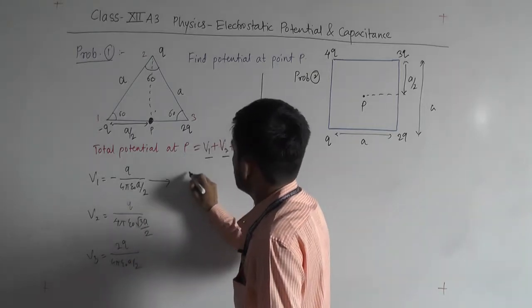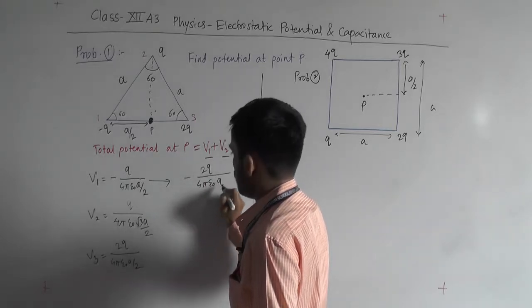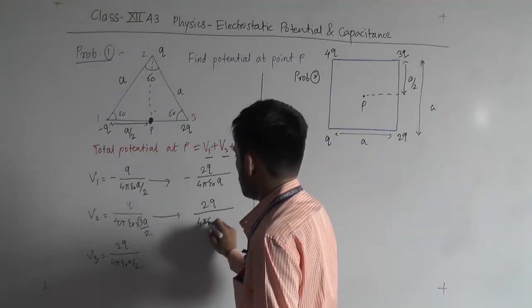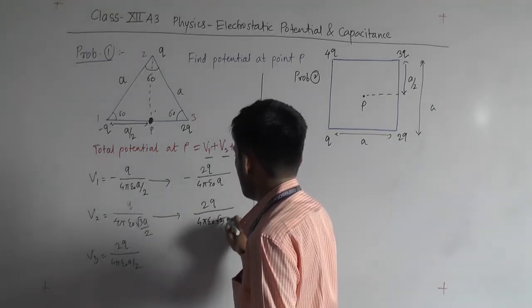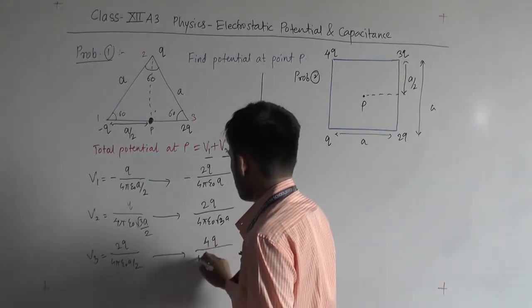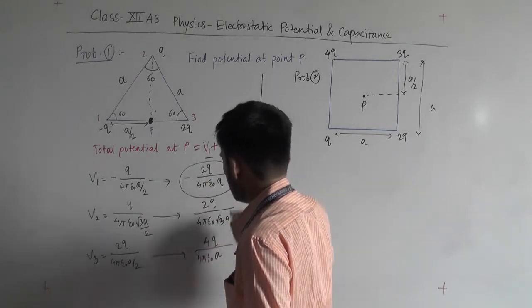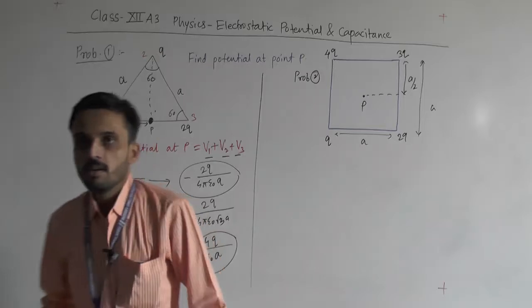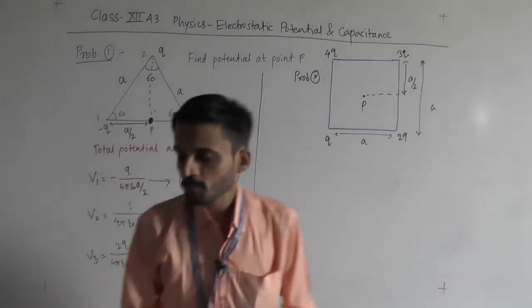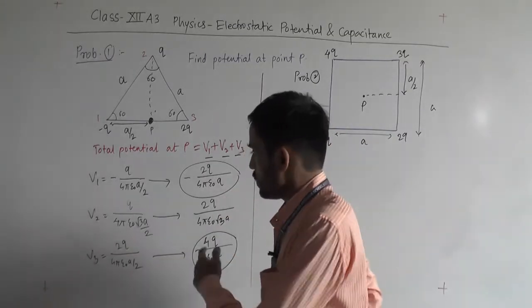So this will become minus 2Q upon 4 pi epsilon naught A, this will become 2Q upon 4 pi epsilon naught root 3A, and this will be 4Q upon 4 pi epsilon naught A. So the minus 2Q and the 4Q, one is plus, one is minus, so subtraction will happen, and whatever answer we get, that is your answer.